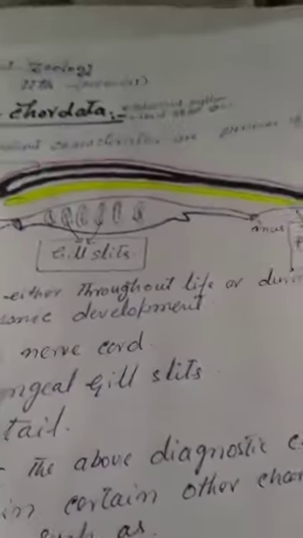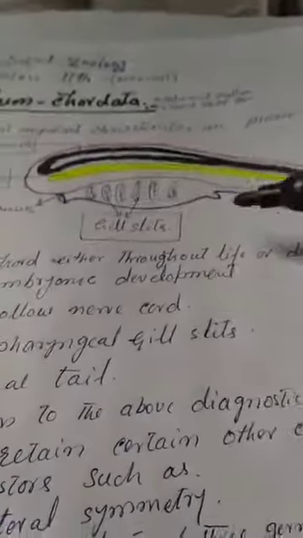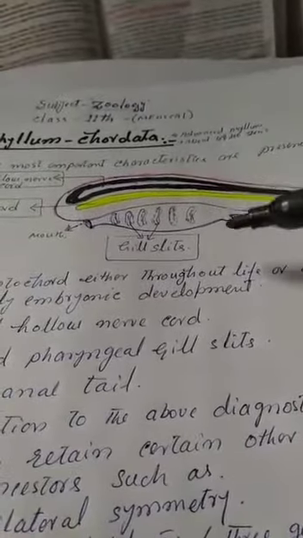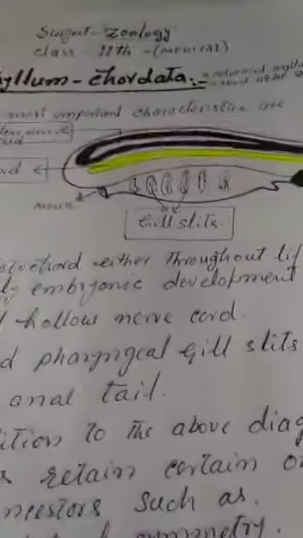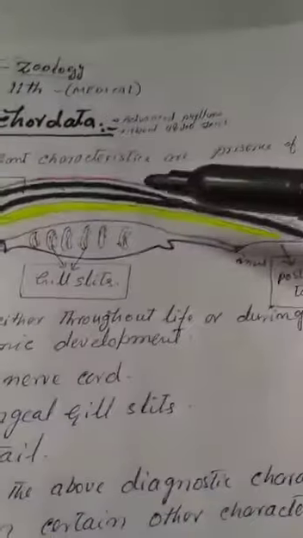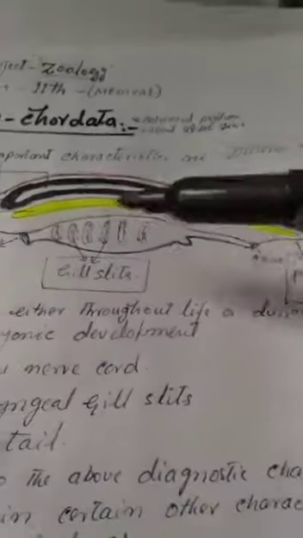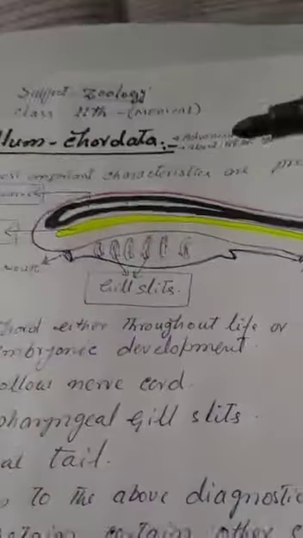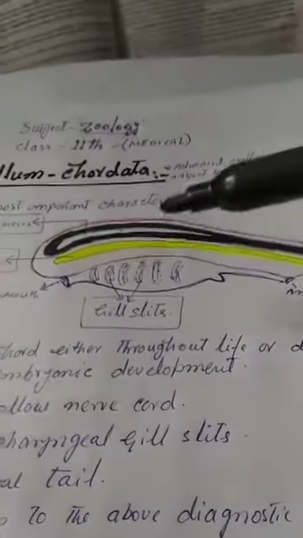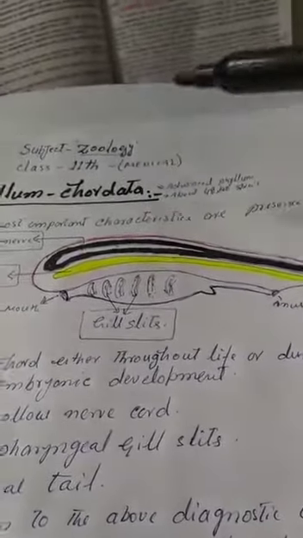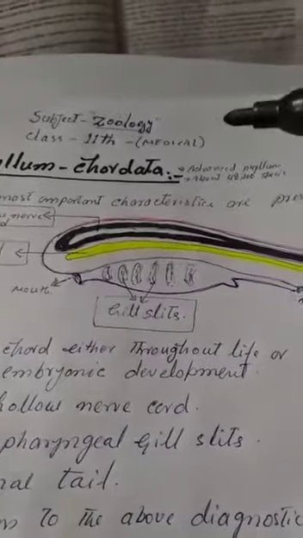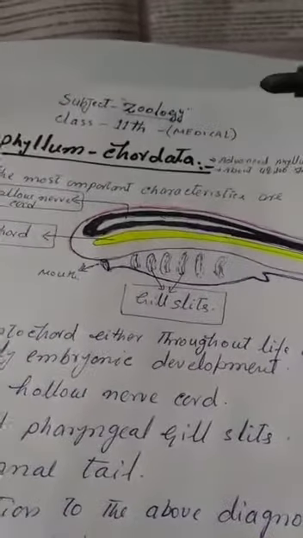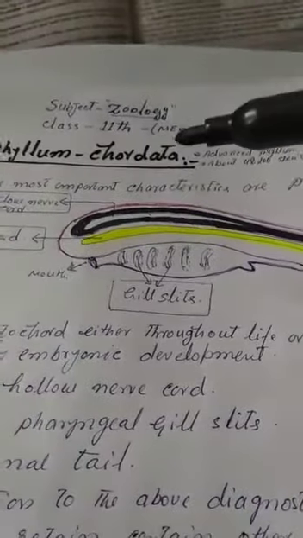Now, in addition to these diagnostic characters which we discussed earlier, chordates also retain some other characteristics of their ancestors. All chordates have bilateral symmetry and are triploblastic; that is, the body organs or body systems are derived from the three basic germ layers: ectoderm, mesoderm and endoderm.